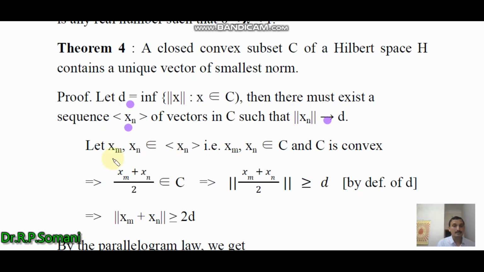Now let xm, xn belong to the sequence, that is xm, xn belong to C. As C is a convex set, therefore xm plus xn by 2 belongs to C, and therefore norm of xm plus xn upon 2 is greater than or equal to D, that is norm xm plus xn is greater than or equal to 2D.